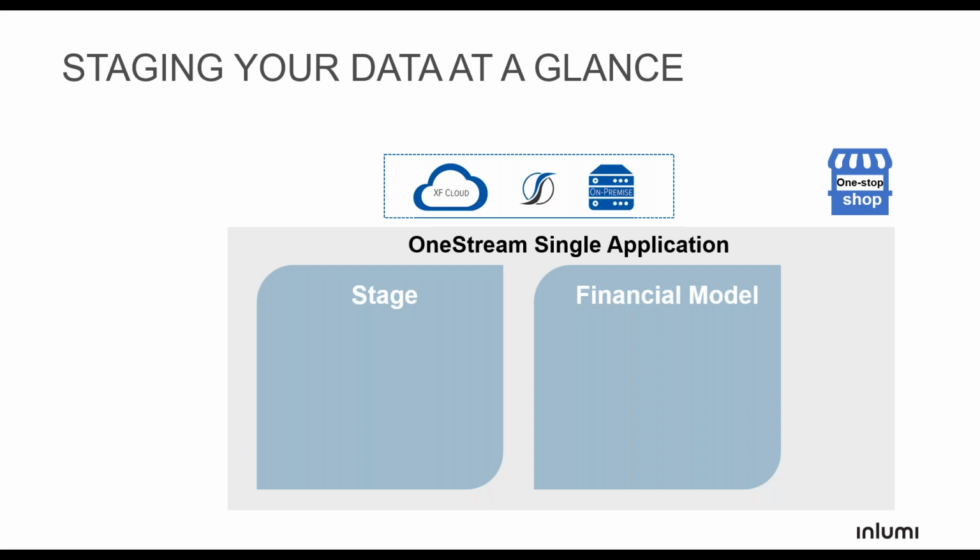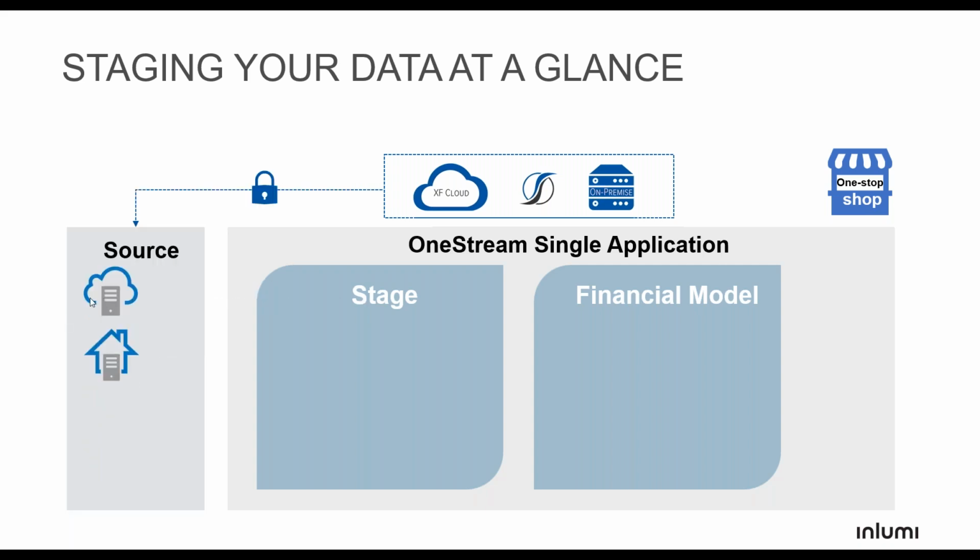It depends on what we want our application for. And then we have something called stage. Okay, so stage is basically the data integration engine for OneStream. The main goal of the stage is to ensure your data quality, to get your data from any source and put that into your application so you have the right data for your financial models.